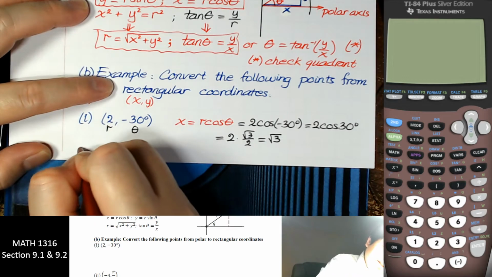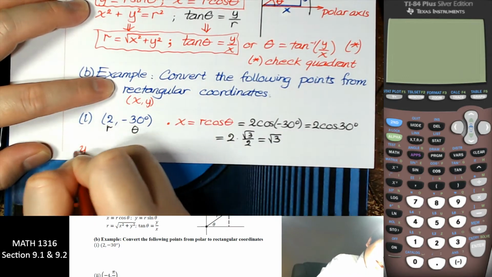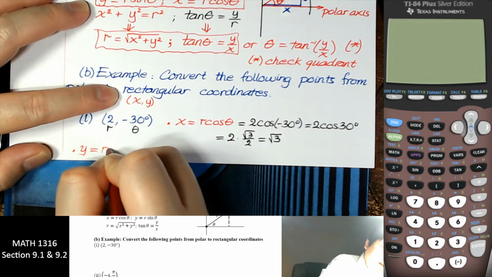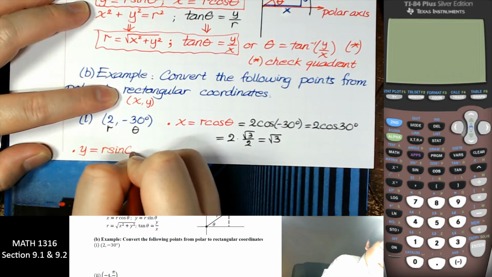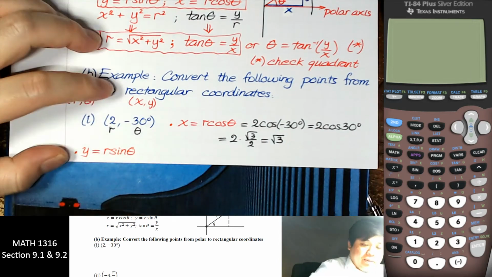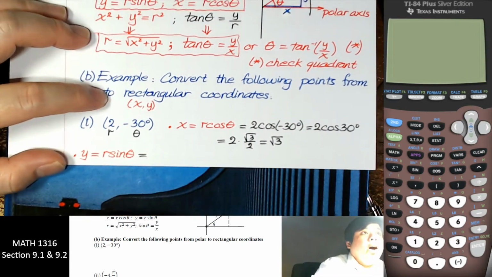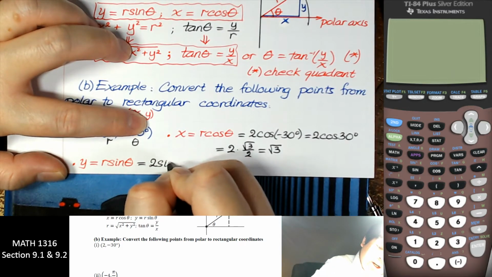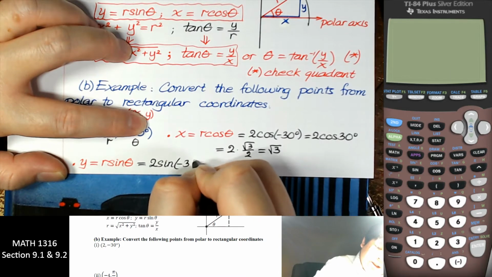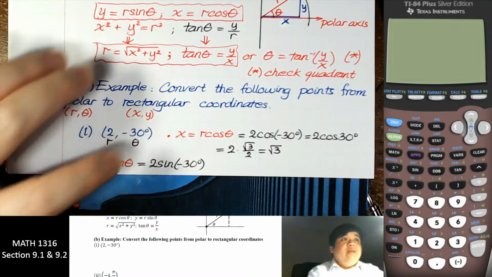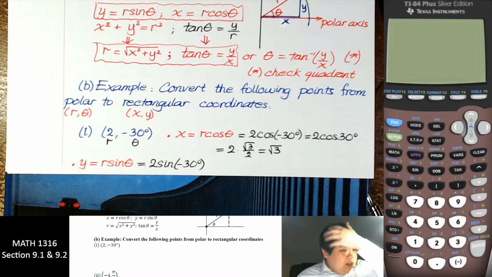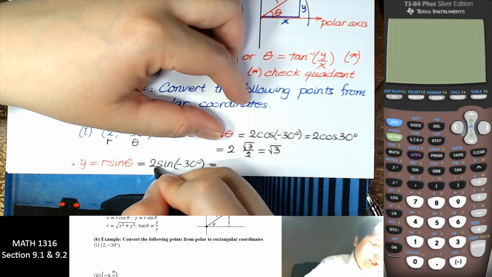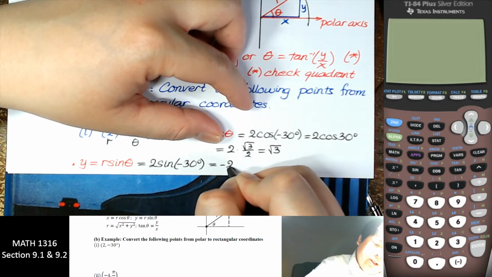And then next, y equal to r sine theta. r is 2, sine of negative 30 degrees. Sine of negative is a negative of sine because sine is an odd function, so this will turn negative.